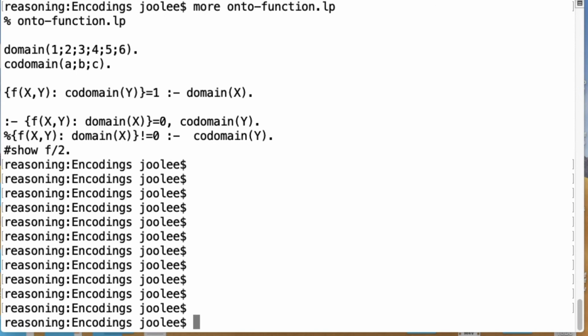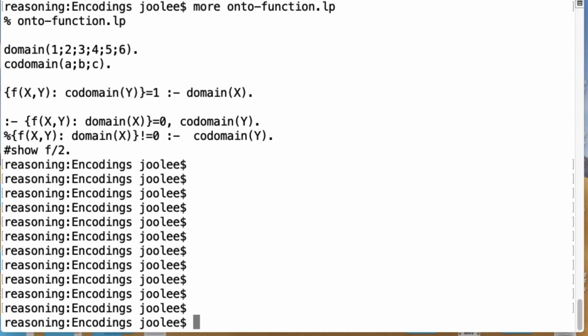This rule is saying for each element of y in the codomain, there should be at least one element in the domain that is mapped to y. It's not equal to 0. So either you can put this one into the right-hand side of this symbol, or you can put it in the left side, but you have to negate it. Okay, that makes sense. If there's a y, then there should be at least one x. If none of the x is mapped, then this violates the constraint. They have the same meaning.